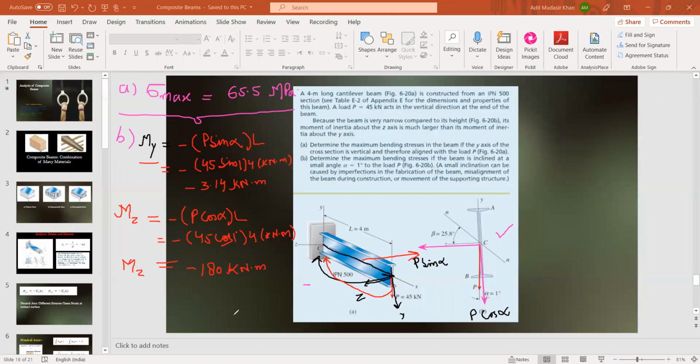Okay. Then after calculating the moment along z and moment along y-axis, we calculate the tan of beta. That gives us the angle of inclination of the neutral axis. The value of tan beta is equal My Iz divided by Mz Iy. Okay.